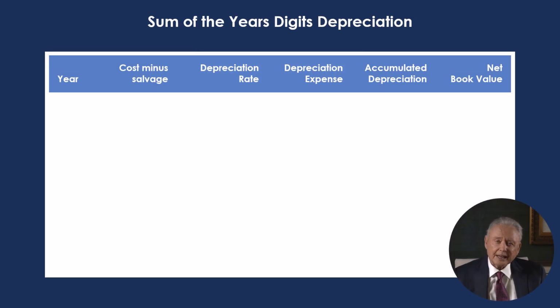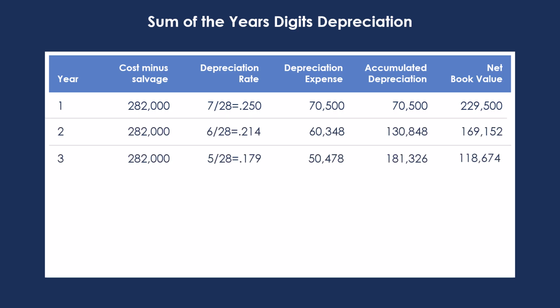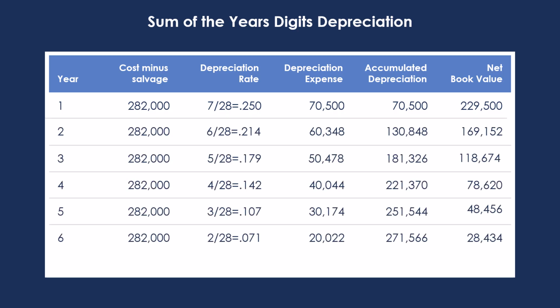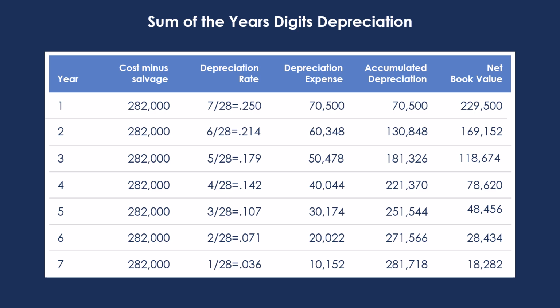The columns in our table are cost minus salvage value. That gives us the depreciable amount. The depreciation rate, for example, 25% in year 1. Then depreciation expense, $300,000 minus $18,000 equals $282,000. Times 25% equals $70,500. Accumulated depreciation is $70,500 in year 1.